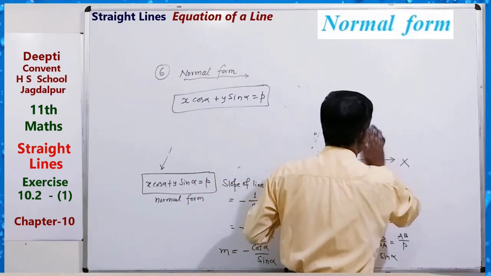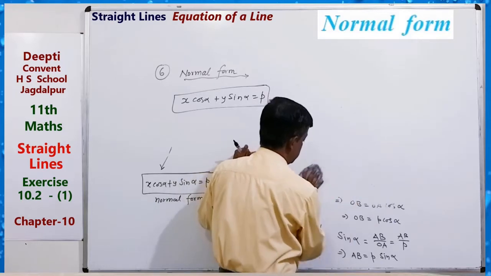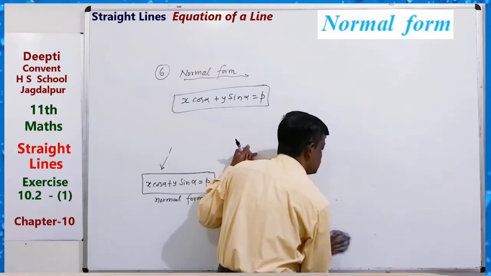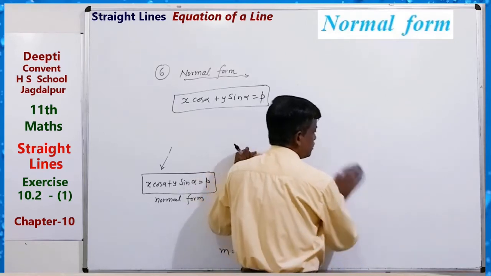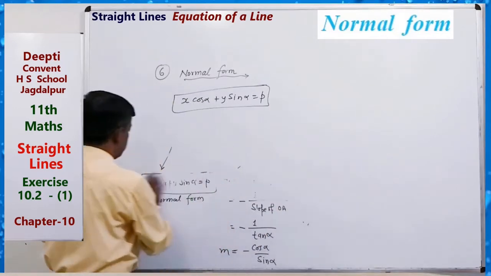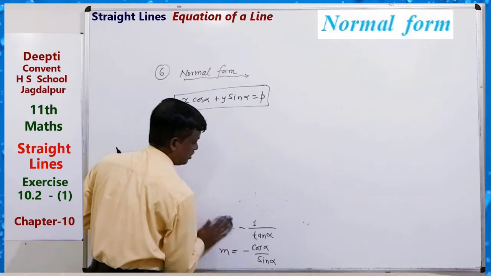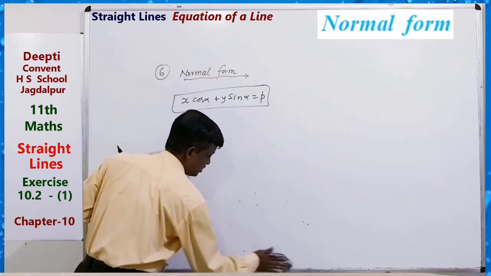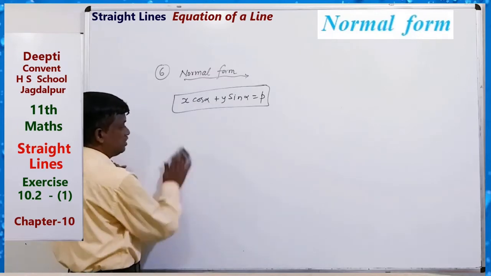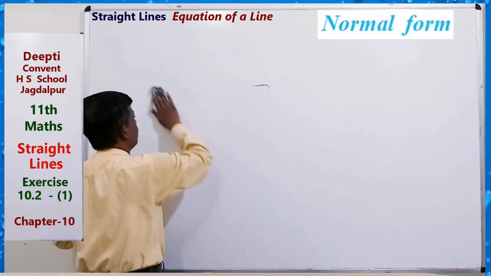Remember all these formats because they are very important for solving questions, and also further in class 12 and so on. If you want to study higher mathematics, you always require this type of equation of a straight line. Okay, so one by one we can write.